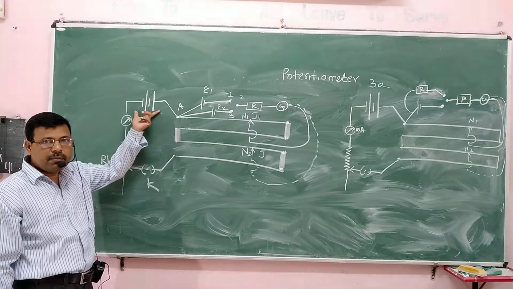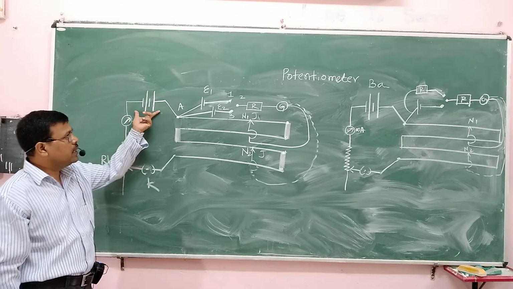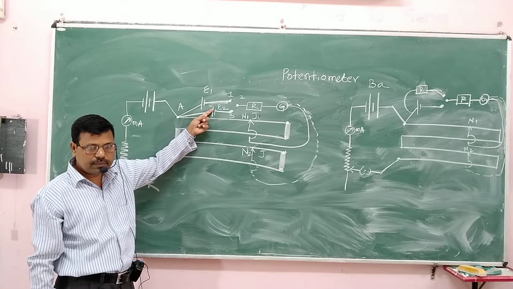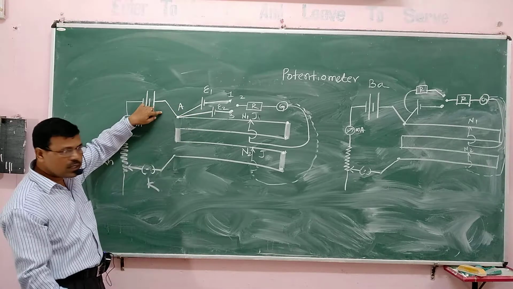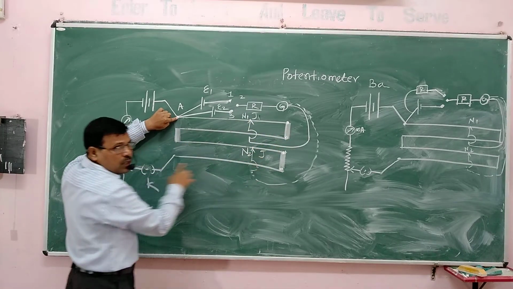There is an auxiliary battery whose EMF should always be greater than the EMF of either cell. This auxiliary battery maintains a constant current through this wire.